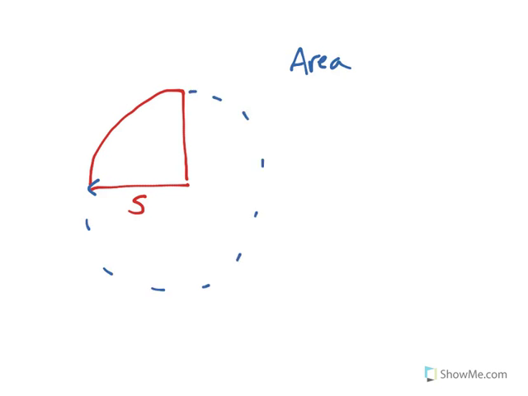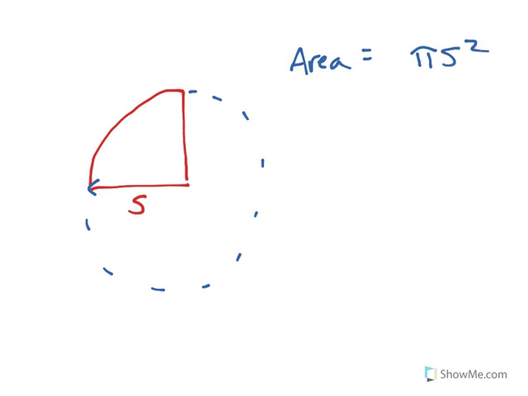Now we're going to talk about parts of a circle. A lot of times they'll tell you the base forms a quarter of a circle. So if this base is S, right here, then that would be the radius of the circle. The area of the whole circle, if I took the whole circle, would be equal to pi S squared.